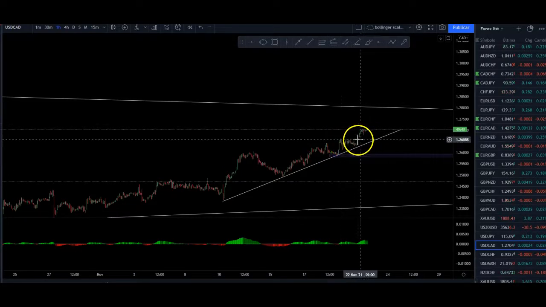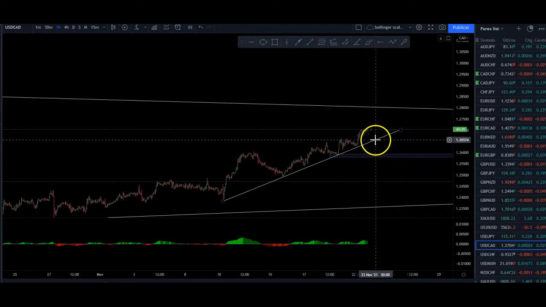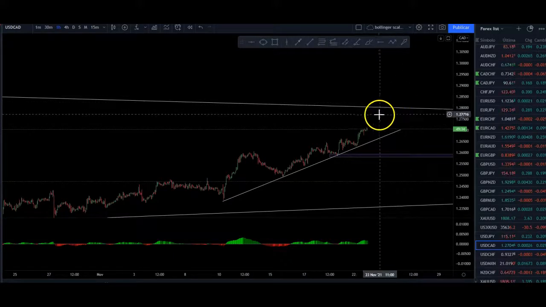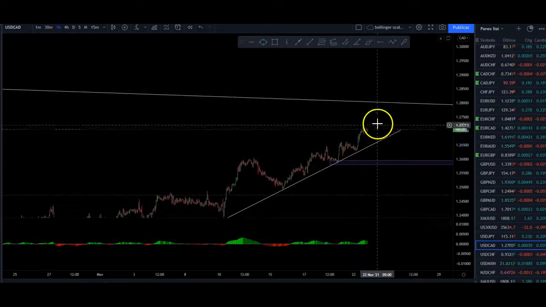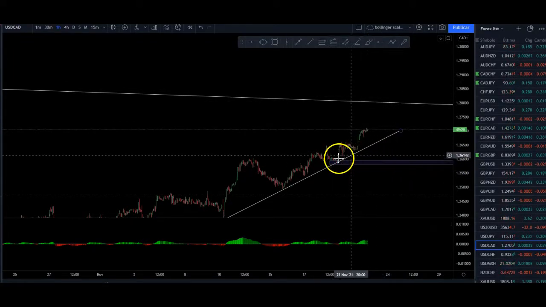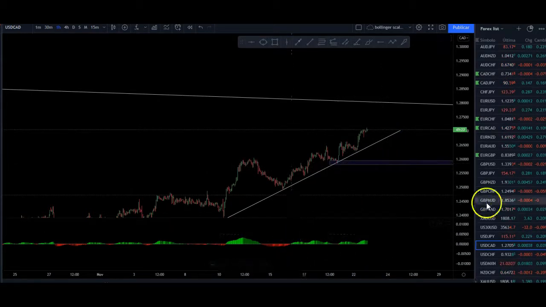If you have a confluence right here with a support plus a trend line, those are good entrances to keep going up because it still has some room, but the market can just return from there. So if it returns to the bottom, my interest will be the break of this trigger right here.